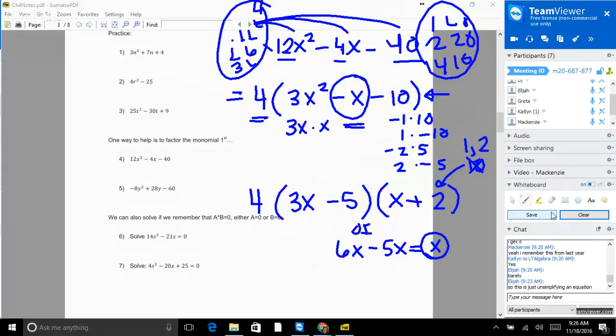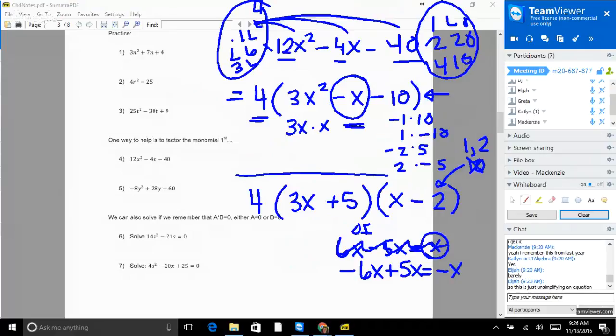And all you need to do is probably switch your signs. So instead of a positive 2, I'm going to make this a positive 5 and a negative 2. So now if I check my inside outside, I get negative 6x plus positive 5x, and I end up with negative x.